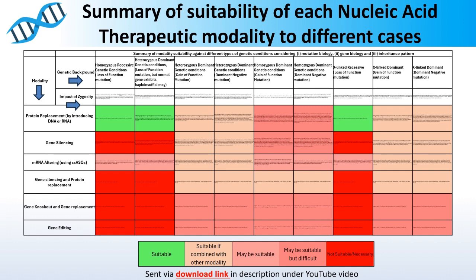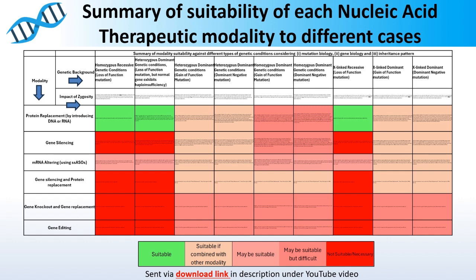But for now, just to finish up, I prepared a second table to summarize what we talked about today. Again, I'll send this on to you. Like the other table, there's a lot of text here, so I won't go through it in any detail, but it just summarizes what was outlined here today in terms of what kind of nucleic acid therapies are optimum, or in some cases not optimum, for different types of mutations and inheritance pattern combinations.